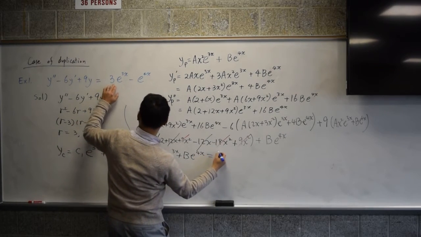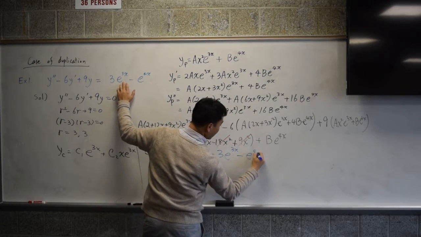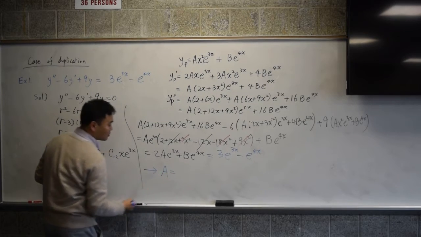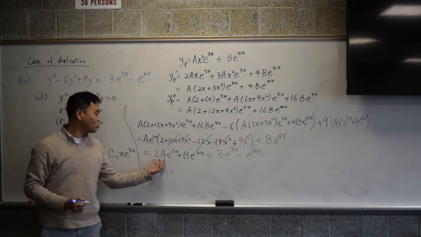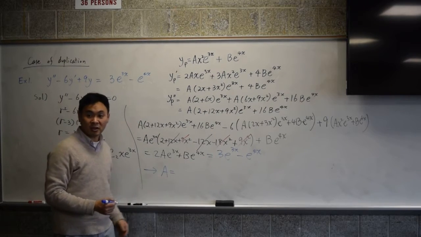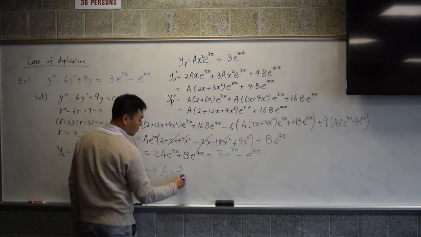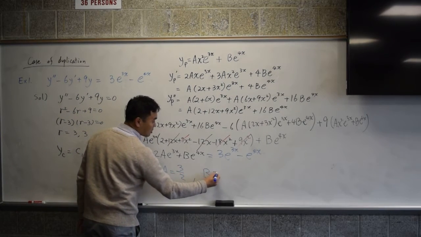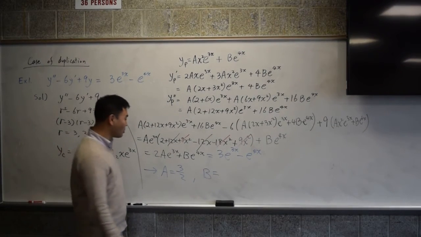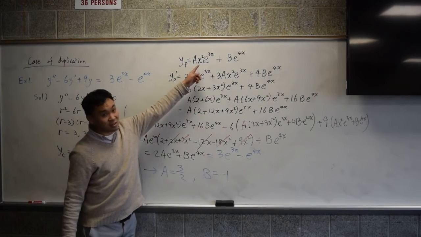So it should equal 3 e to the 3x minus e to the 4x, which means that 2a has to equal 3, so a must be 3 over 2, and b has to equal negative 1. Okay. Then you go back and plug these in here.